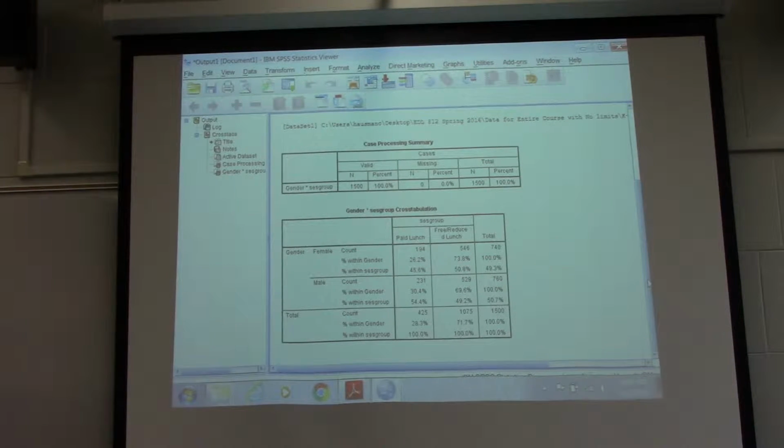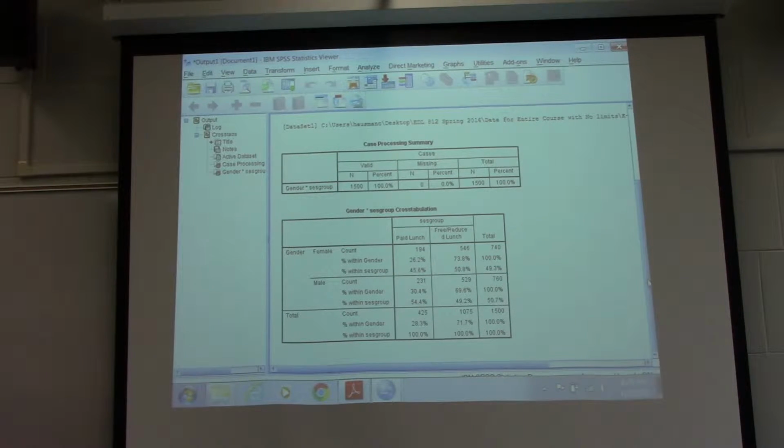So the key here is I might ask you, of all males, so I would go down to the male row, what percentage qualify for paid lunch? You would go across from male, and you would see that there are 529, or 69.6%, that qualify for free reduced lunch. 30.4%, or 231 of the 760 males, qualify for paid lunch.